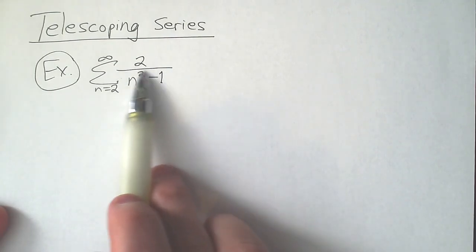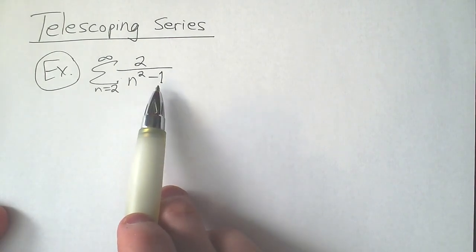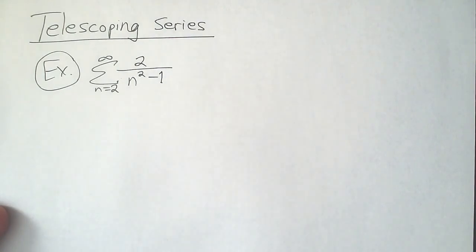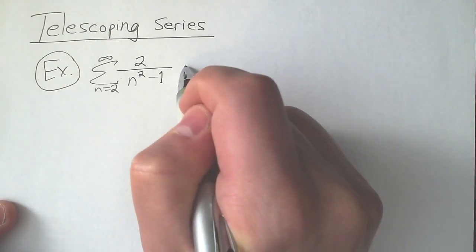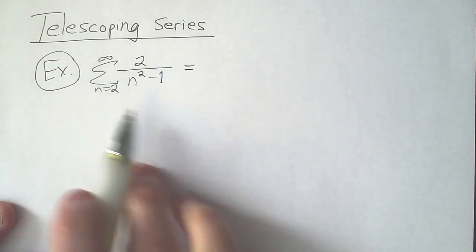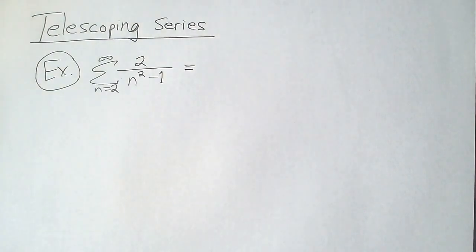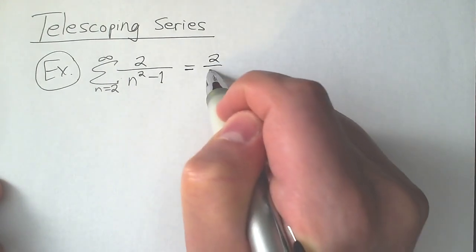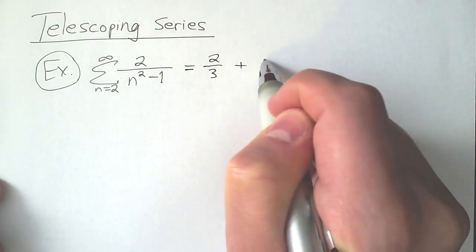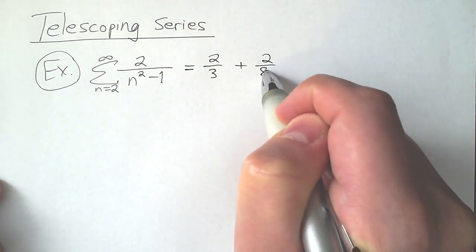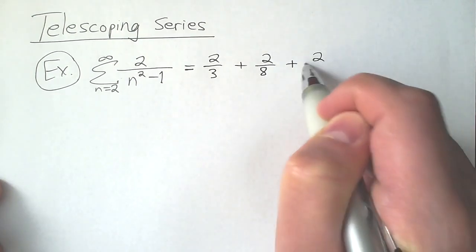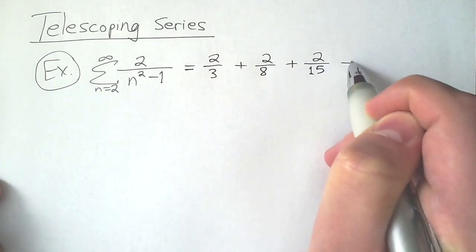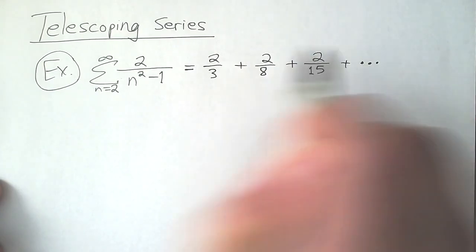If it started at 1, we would be dividing by 0, and we don't want that. So this series starts at 2. If you write out the first few terms, that's a good way to get a sense of what's going on. The first term would be 2 over 3, and then 2 over 8. 2 over 15. Say that's enough.